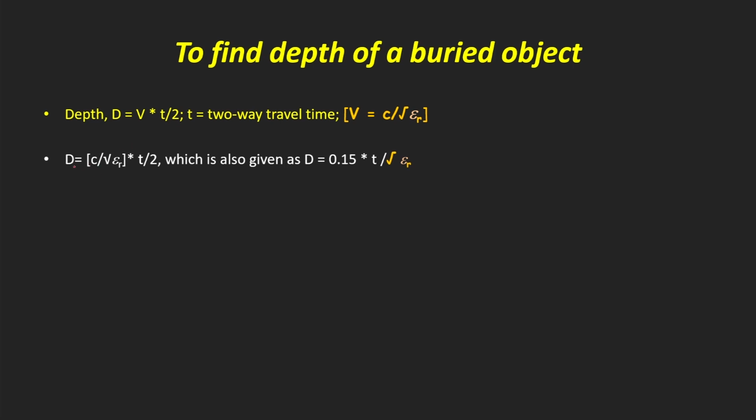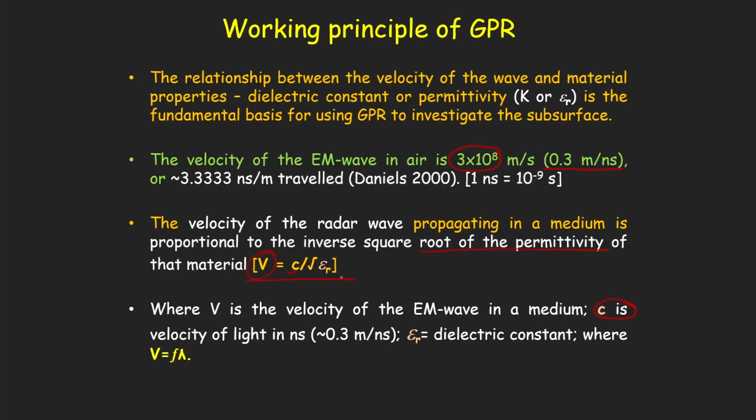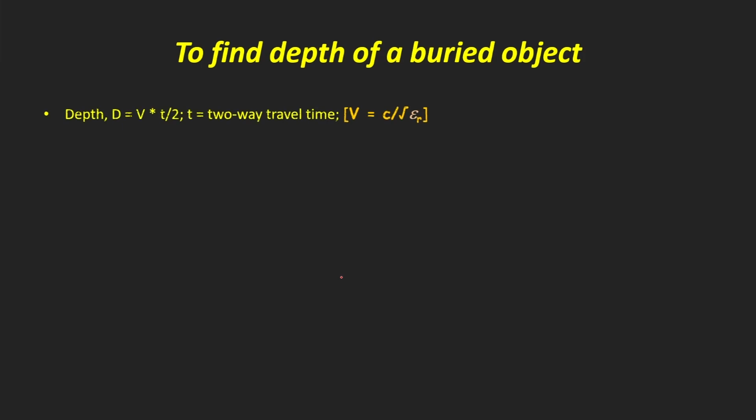So, further, if you put C by square root of ER for V, because we have seen here this is your V, we put that as input here.